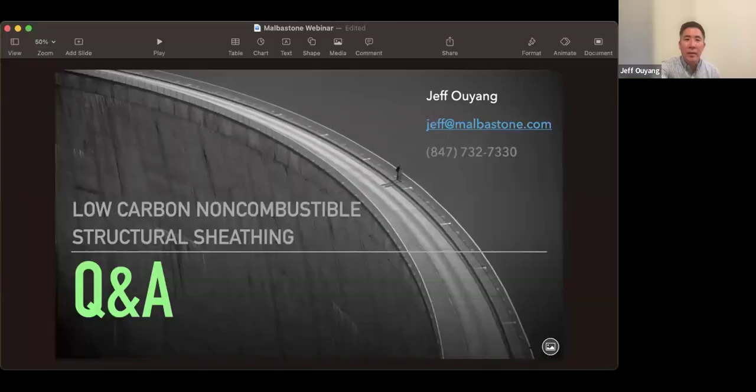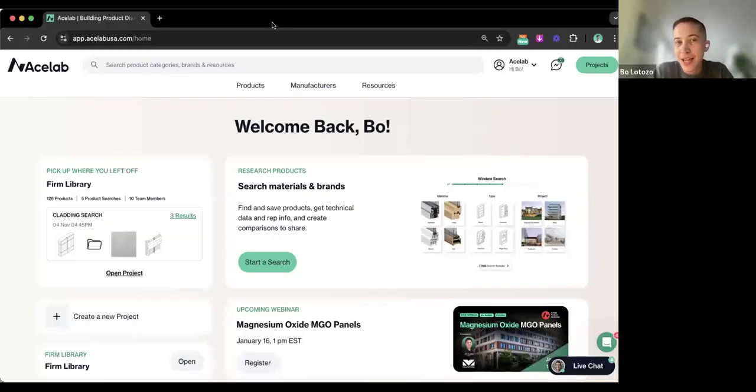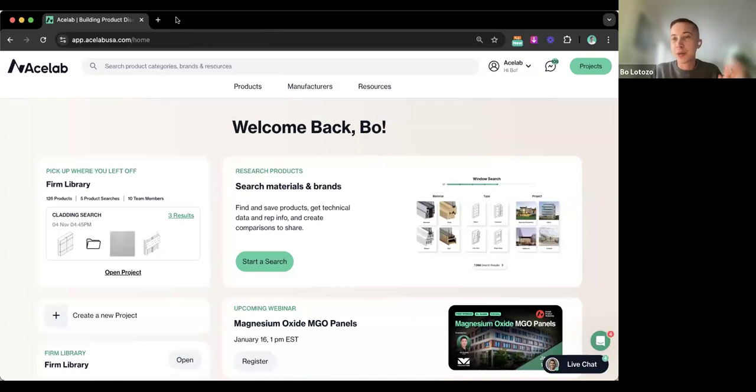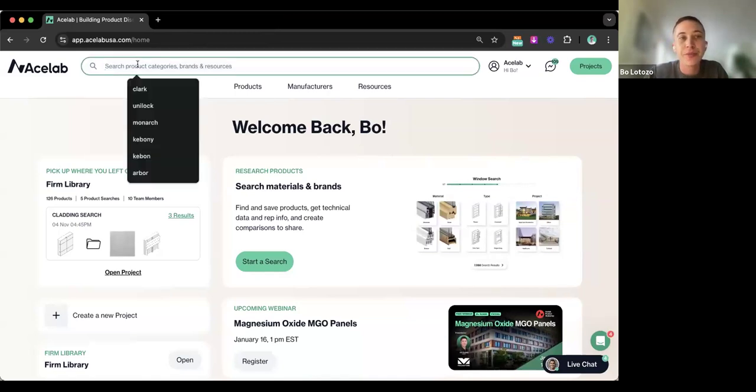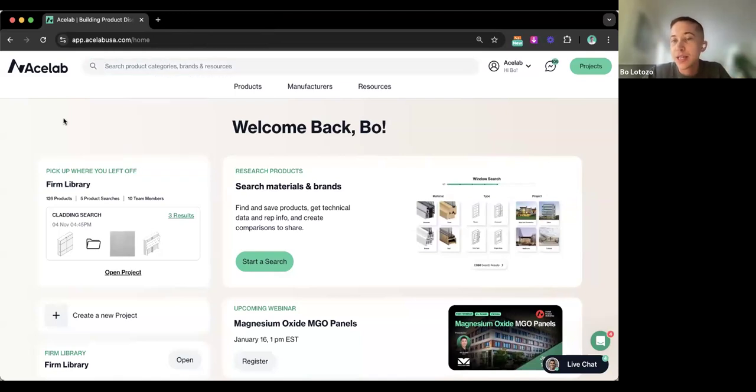In case you joined us a little later and missed this at the top, I just want to show everyone where you can access more information about the products we covered today, as well as get in touch with Jeff and explore more about Malbastone. Everyone has a free Acelab account. You can head to app.acelabusa.com and explore a bunch of the free resources.